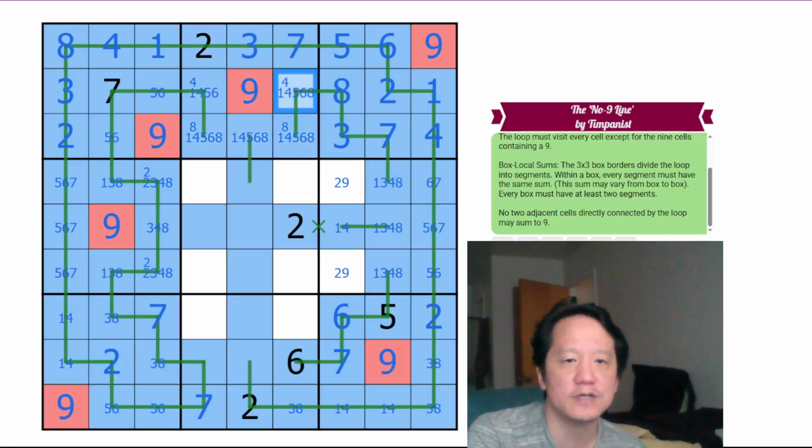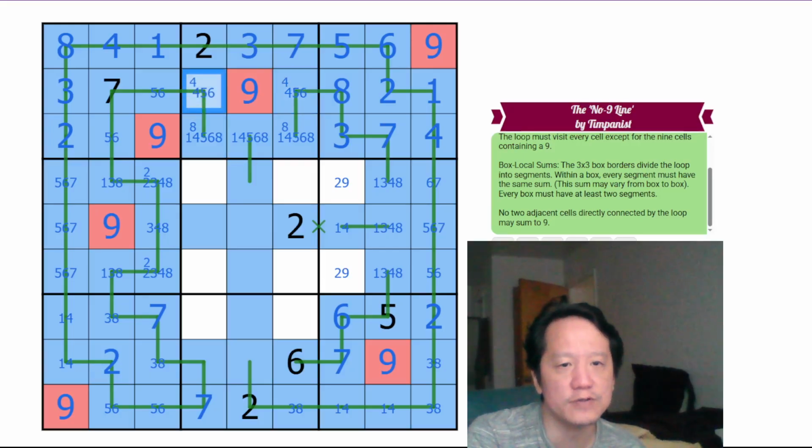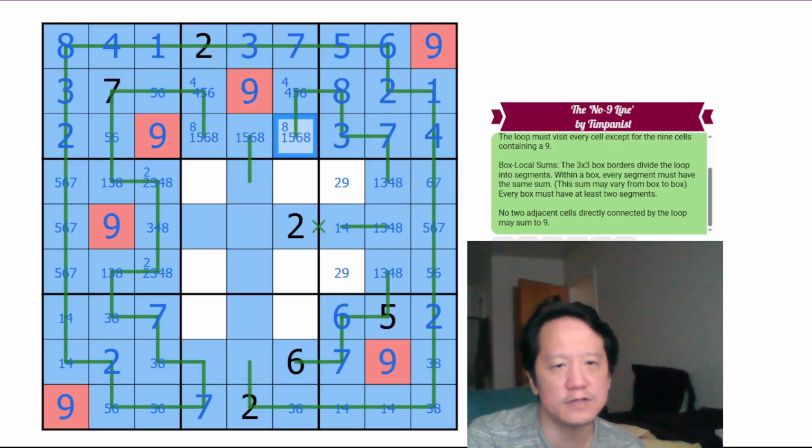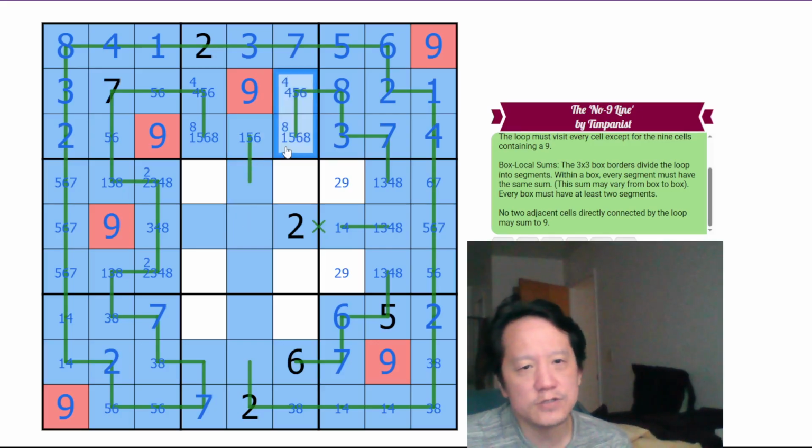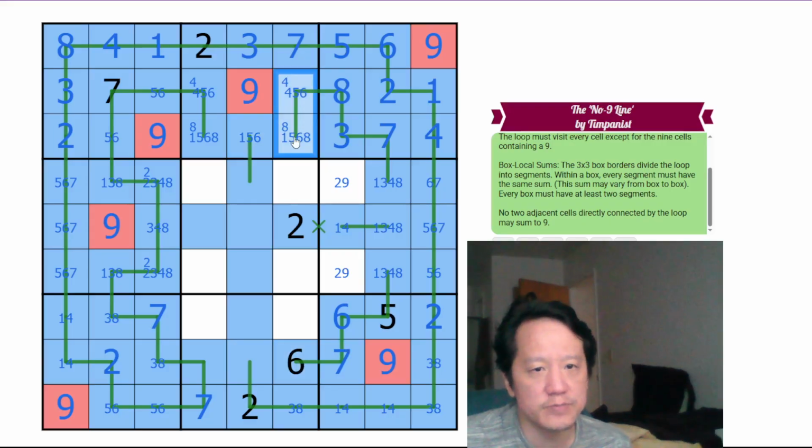So 8 obviously can't be here. 1 can't be either of these. This is 4 with 5 or 6. 4 obviously can't be any of these. This can't be 8. So 6 eliminates 6 being here. So either this is 4 and 8, or this is 5 and 1 being here, with the 6 being there.